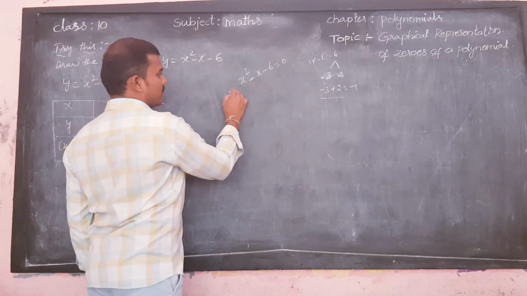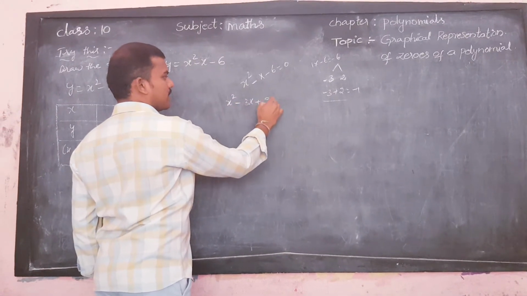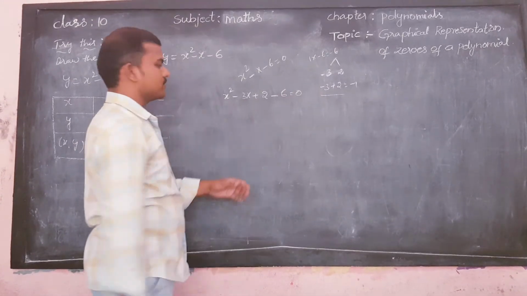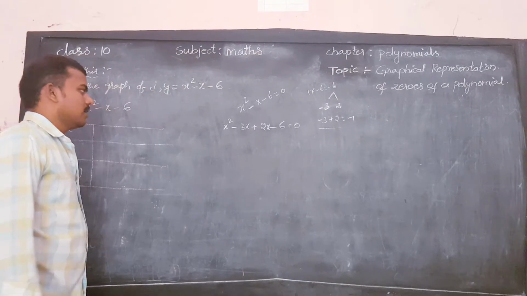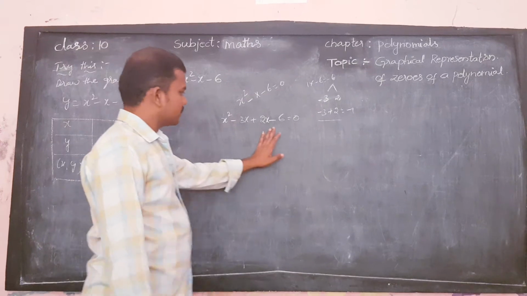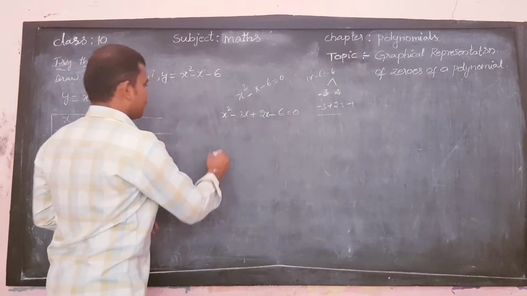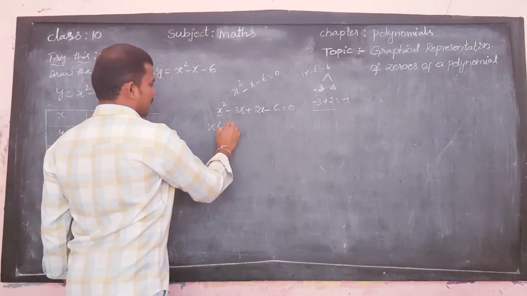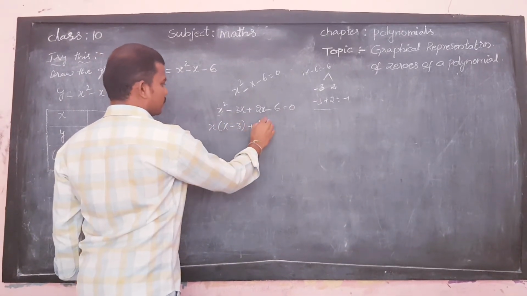So x square minus 3x plus 2x minus 6 is equal to 0. Here take x common: x minus 3, and 2 common.